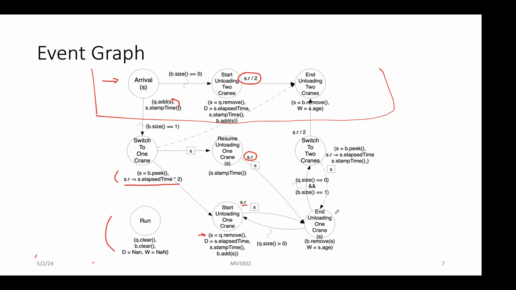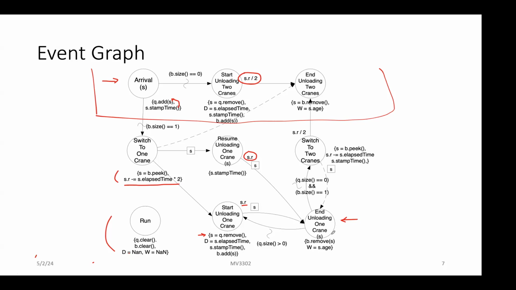Okay. So we've taken care of these, and now we need to see what happens when we finish unloading with 1 crane. Well, first we need to remove it, and its time in the system is its age, just as before. But now, what are the possibilities?